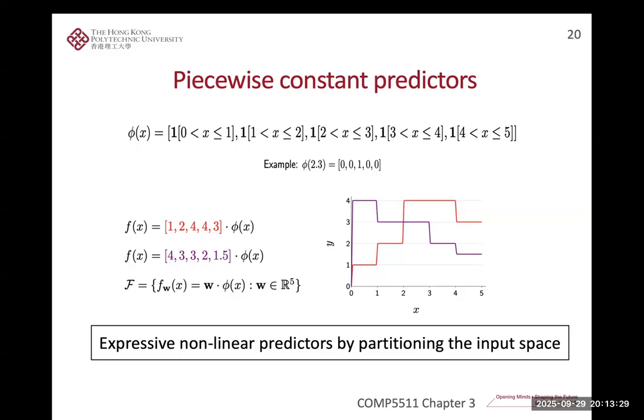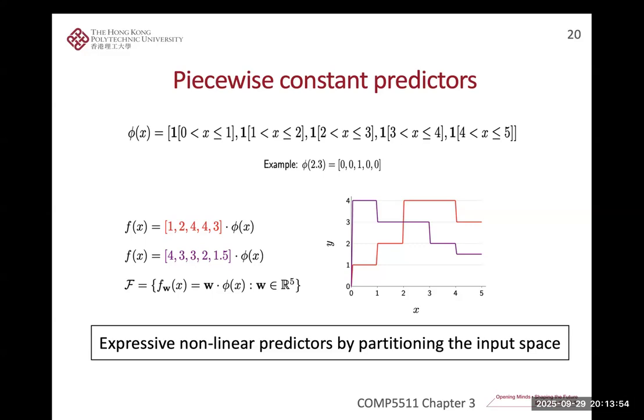If you look at it in detail, each weight value is the predicted value of that region, right? For the red line, if you are located in the first region, 0 to 1, then the value is 1. For the next region, the value is 2. For this region, the value is 4, and so on and so forth.